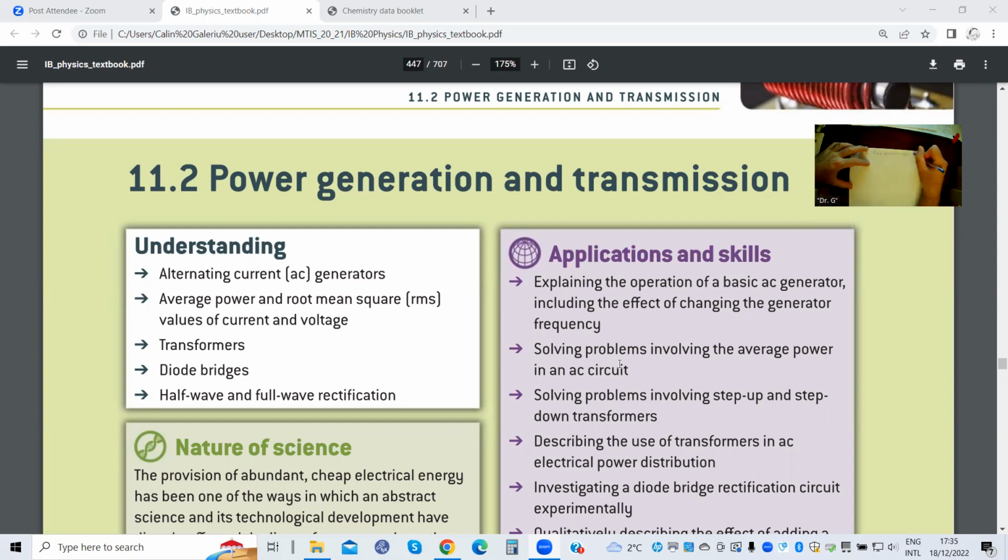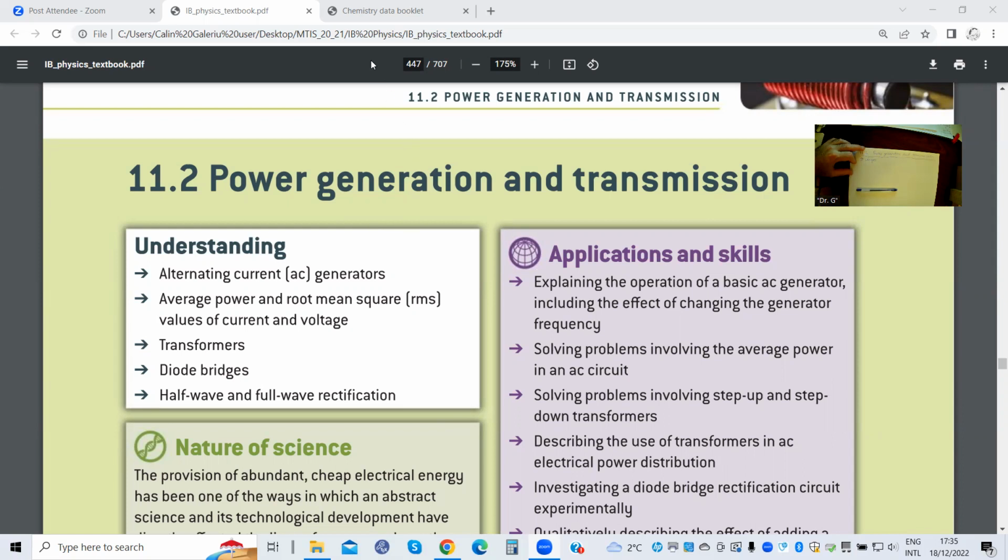In this situation in which theta changes, the angle between the loop of wire and the magnetic field changes.